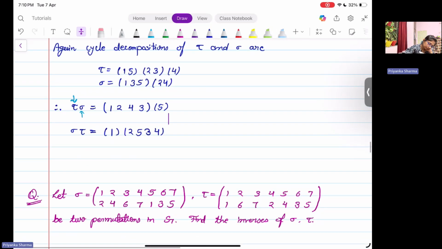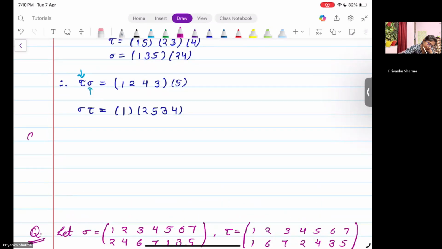Now I would like to do one question. What if a permutation is given in cycle decomposition?